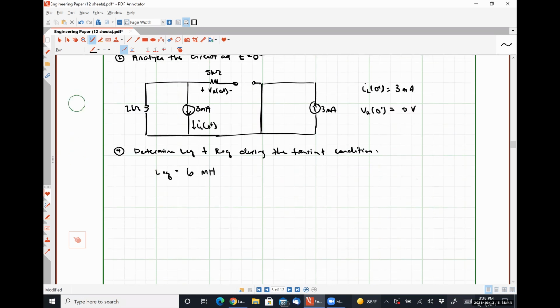I'm going to meticulously draw what our circuit looks like to determine our resistance again. During the transient condition, we have our 2 kilo ohm resistor in parallel with our inductor, our 5 kilo ohm resistor, and out over here our short circuit connected to our 3 milliamp source.